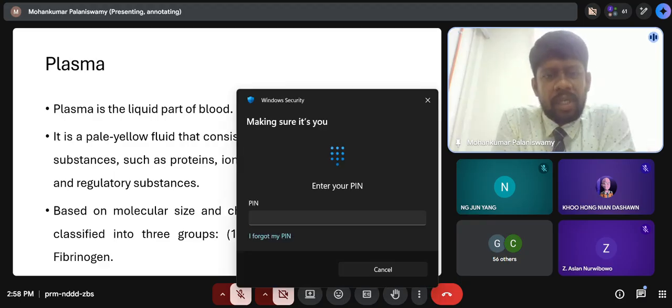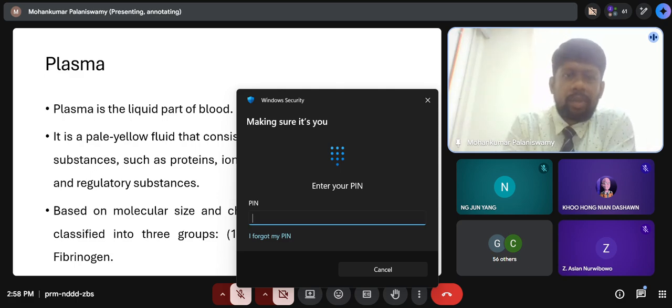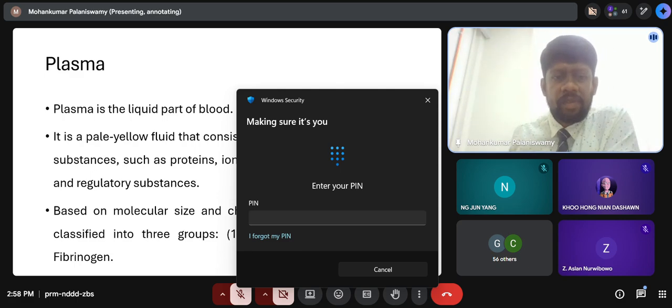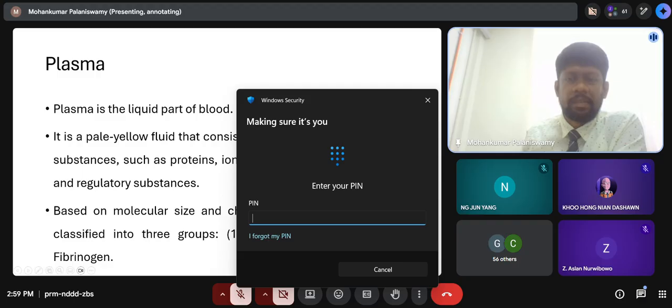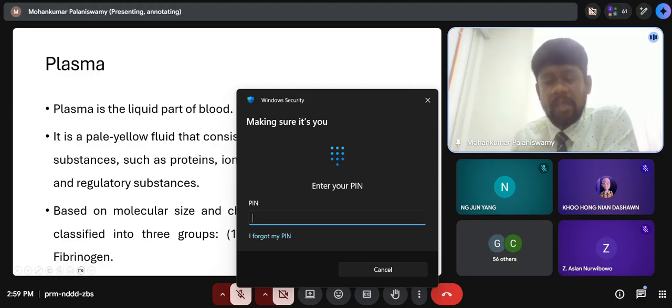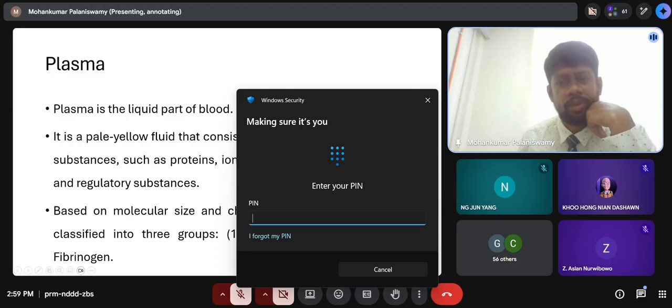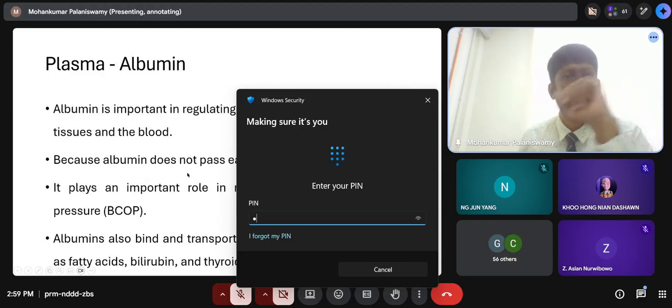Based on the molecular size and charge, the plasma proteins can be further classified into albumin, globulin, and fibrinogen. These are the three components that are present in the plasma: albumin, globulin, and fibrinogen. We are going to discuss albumin, globulin, and fibrinogen.